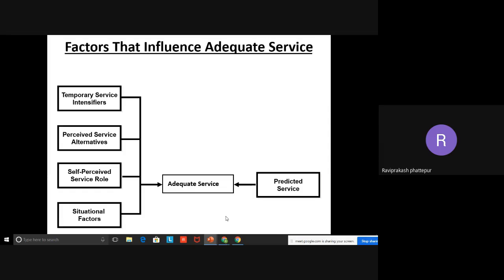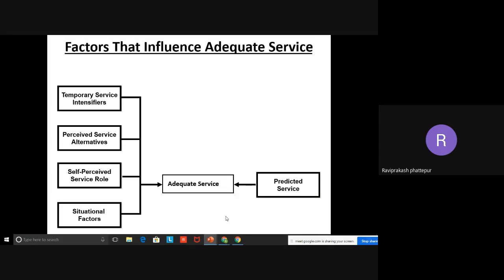So these all factors come into place while you are having an adequate service expectancy. That is, four things are: first one, temporary service intensifiers. Temporarily, you are in need of it. Pursued service alternatives. If you are having multiple alternatives, which one are you choosing from? Next one is self-perceived service role. So, how the customer has a role, or what role he is playing in completion of that particular service, as he is a part of the service delivery process.